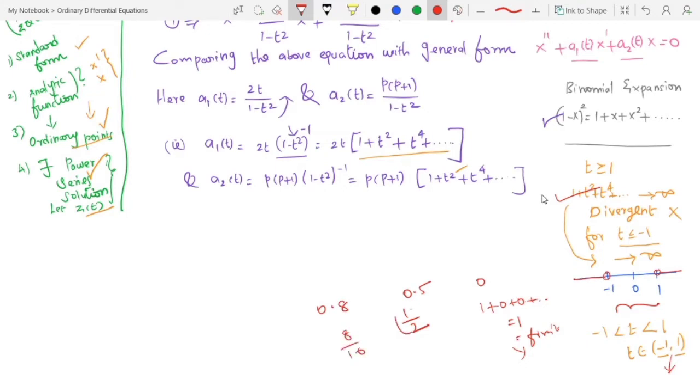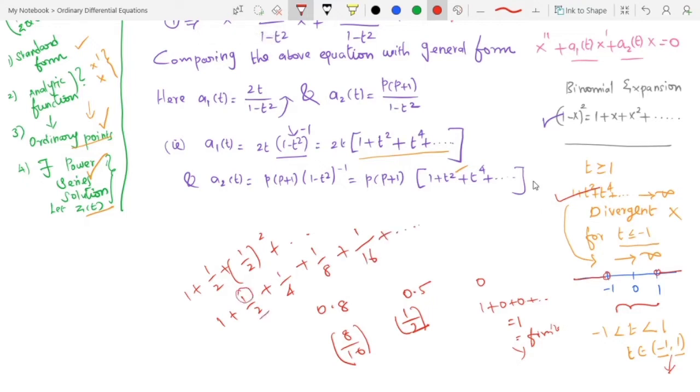While replacing those values for t, for example, if you take 1 by 2, 1 plus t squared plus and so on, that is equivalent to 1 by 2 plus 1 by 4 plus 1 by 8 plus 1 by 16 plus and so on. Here the numerator is fixed at 1 but the value of the denominator is increased.